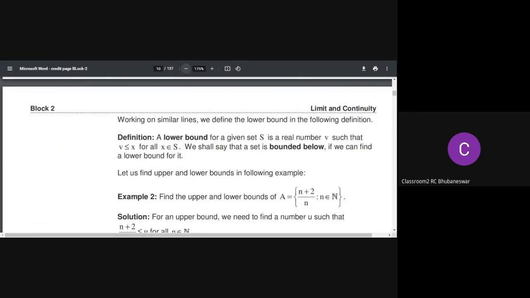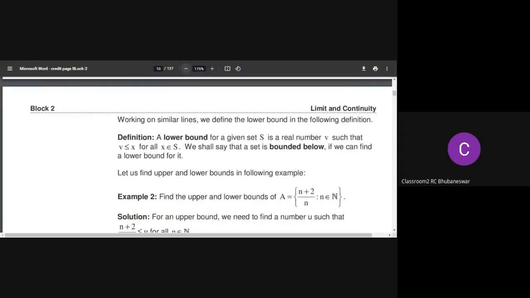Definition of lower bound: a lower bound for a given set S is a real number V such that V is less than or equal to every element of S. In simple language, V is the smallest element among all other elements present inside the set S. That means all the elements present in the set S are larger than V. So in this case, V is the lower bound of the set S. If this property holds for the set S, then we say that the set S is bounded below, and V is known as a lower bound for the set S.